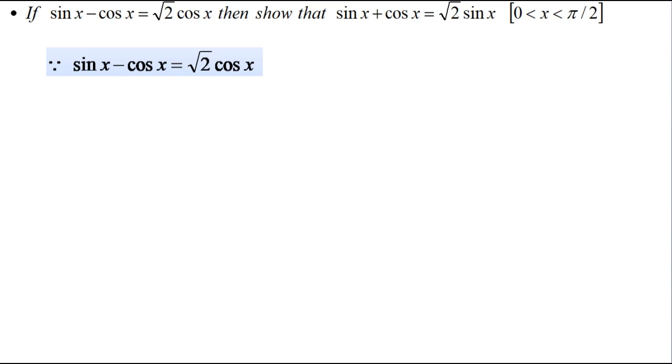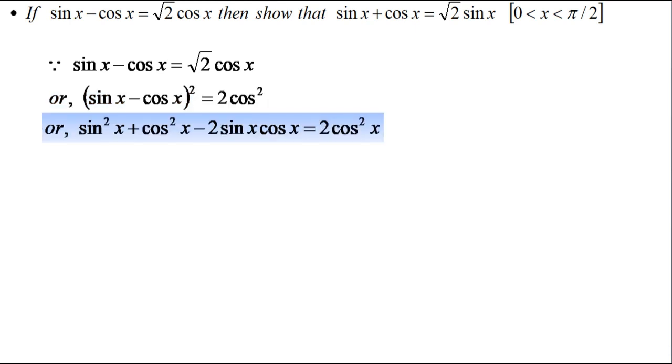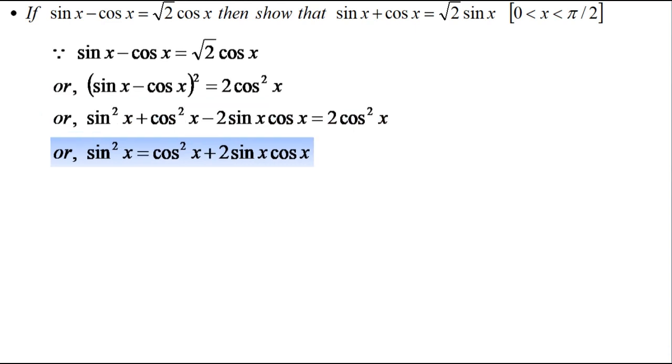Now square both the sides and we get (sin x minus cos x) whole square equals 2 cos square x, or sin square x plus cos square x minus 2 sin x into cos x equals 2 cos square x, or sin square x equals cos square x plus 2 sin x into cos x.